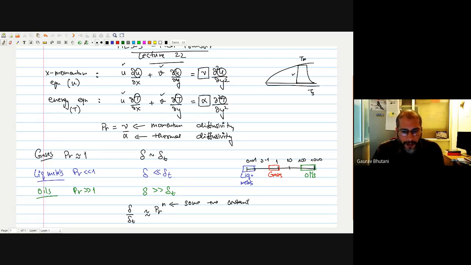Okay, so what that means is that all these three effects over the complete spectrum of Prandtl numbers, from liquid metals to gases to oils, can be modeled as just one equation.